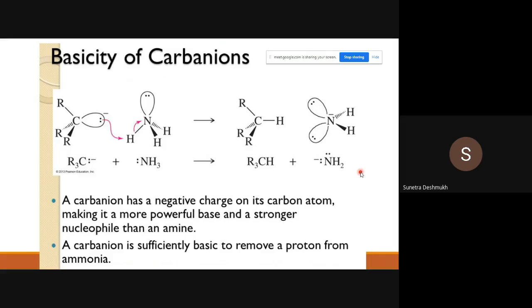The carbanion has a negative charge on its carbon atom, making it a more powerful base and a stronger nucleophile than an amine. The carbanion is sufficiently basic to remove a proton from ammonia. This shows how carbanions are more basic than ammonia.